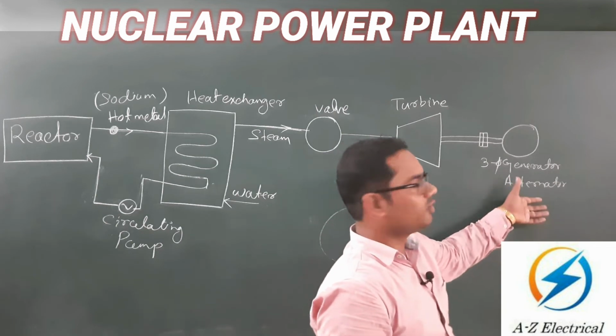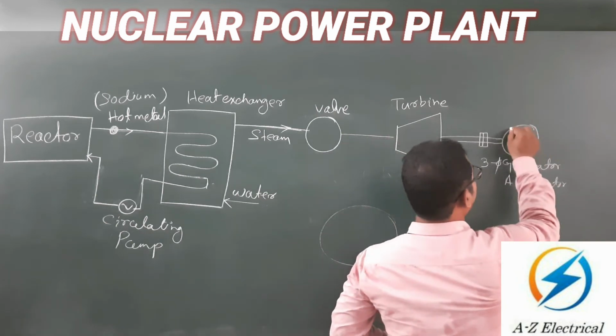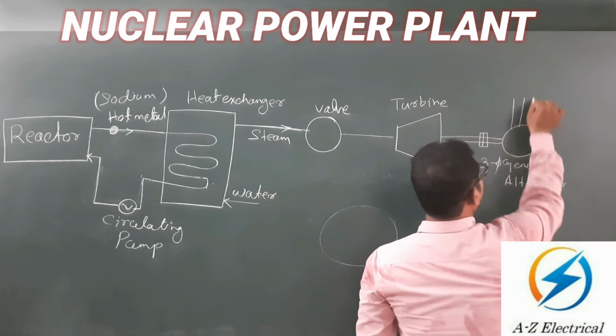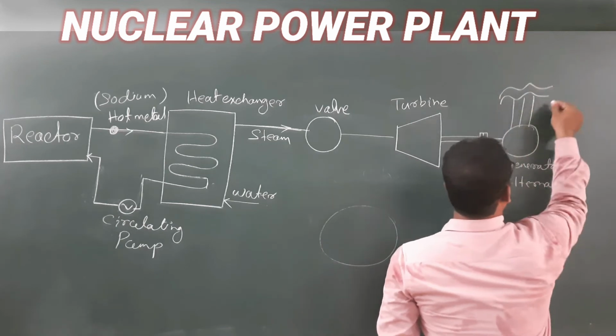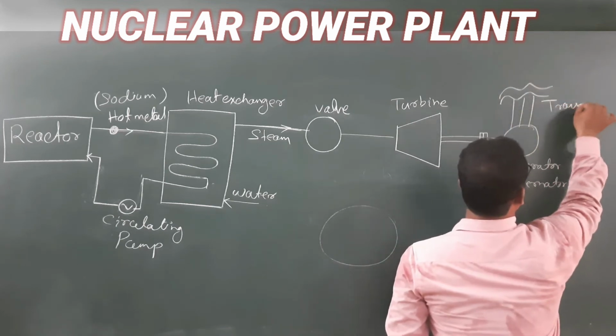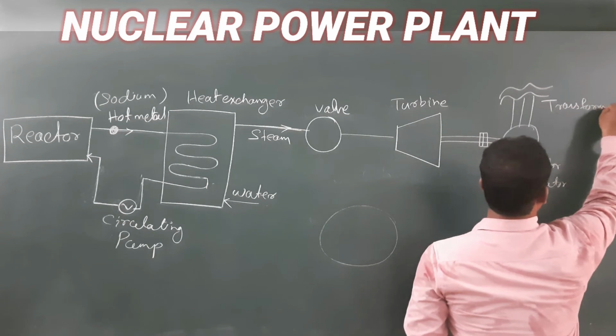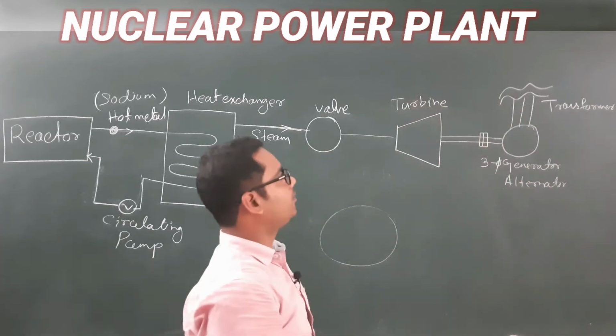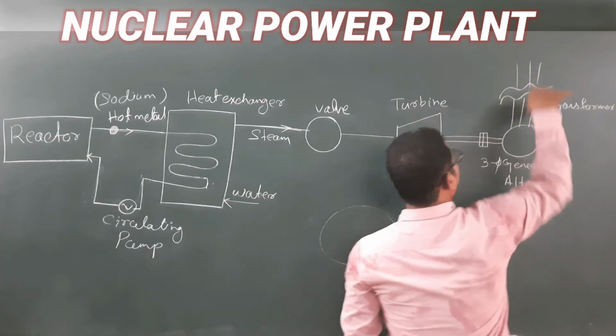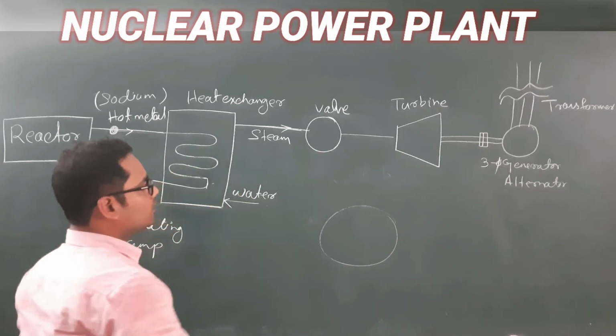Then that alternator will produce electrical energy. So the 3-phase energy is being produced, and this is your transformer, and from here you can get your electrical energy.